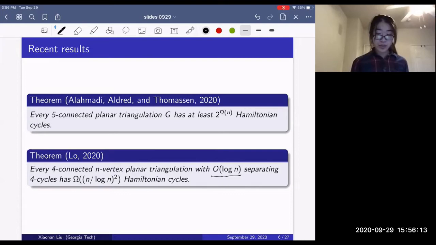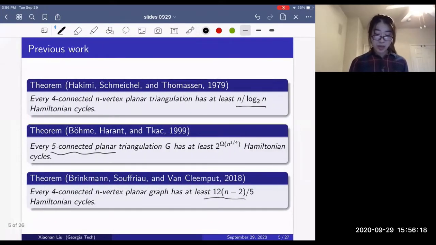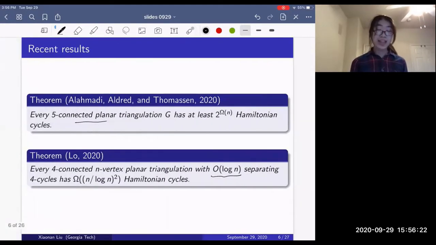This actually improves the earlier work, and the idea in this paper is very useful in our work. Also in 2020, Liu showed that every 4-connected n-vertex planar triangulation with big O of log n separating 4-cycles has omega of n over (log n) squared Hamiltonian cycles.